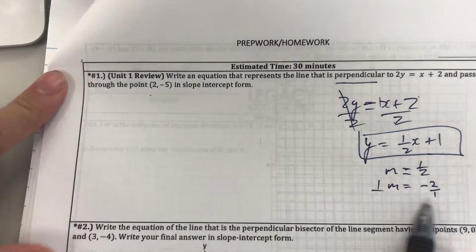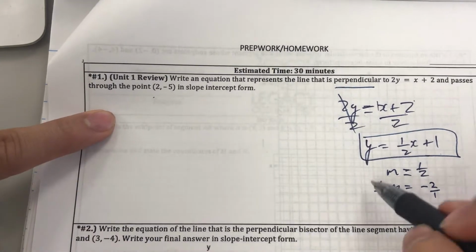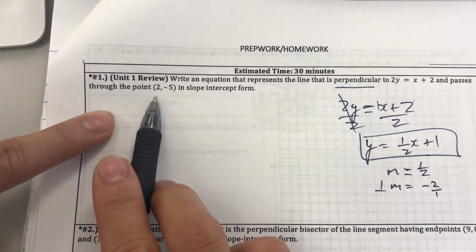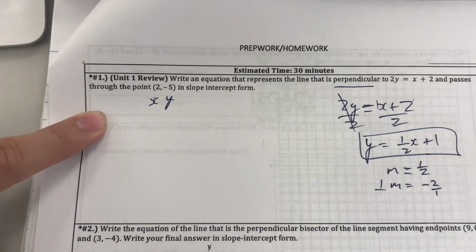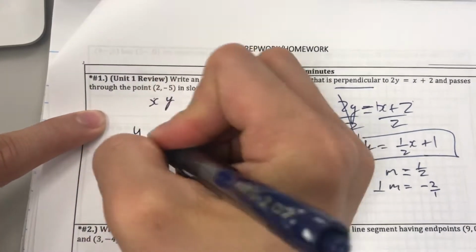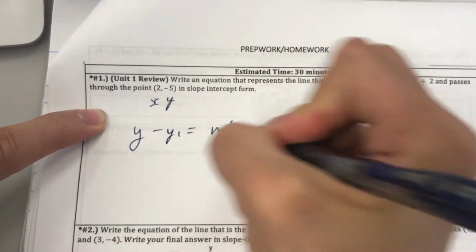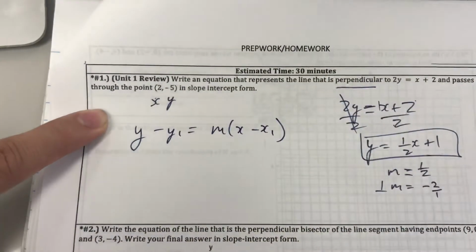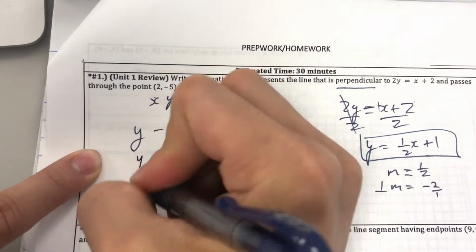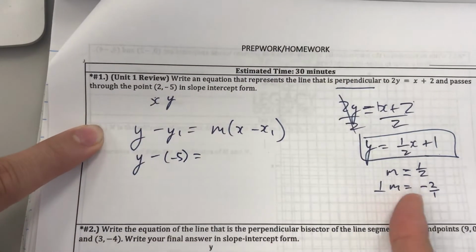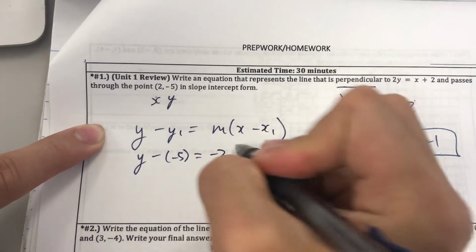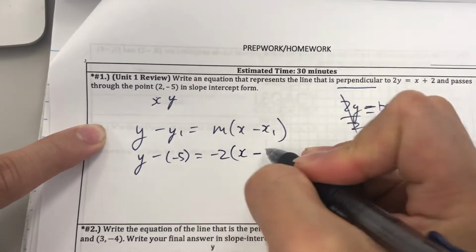And we also know that the line has to pass through this point, 2, negative 5, right? So I'm going to use point slope form, y minus y1 equals m parentheses x minus x1. This is something you have to commit to memory. Here we go, y minus negative 5 equals the perpendicular slope over here, which is negative 2, parentheses x minus 2.